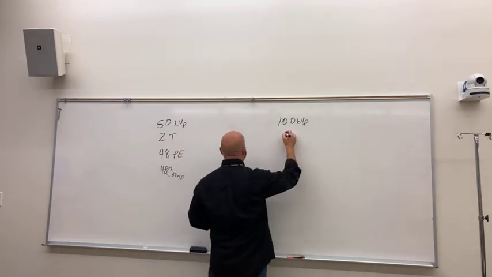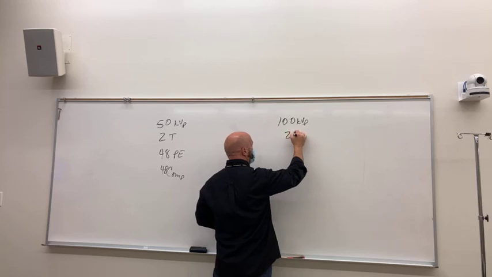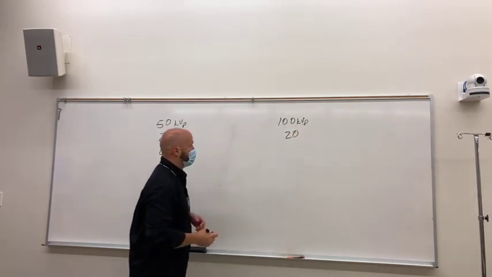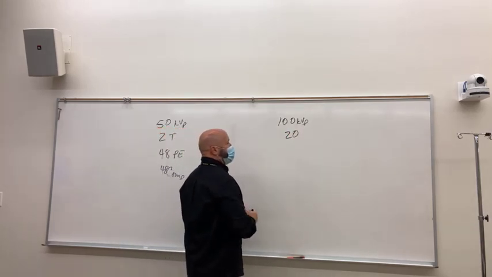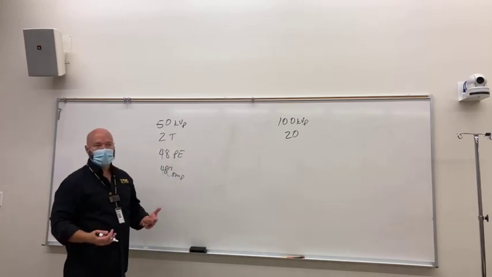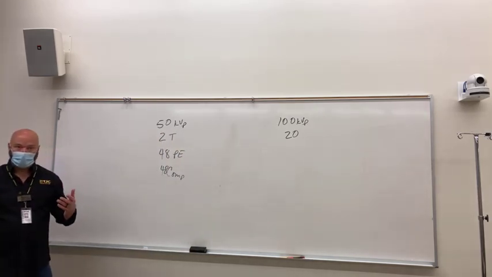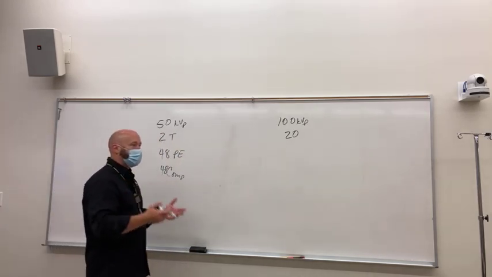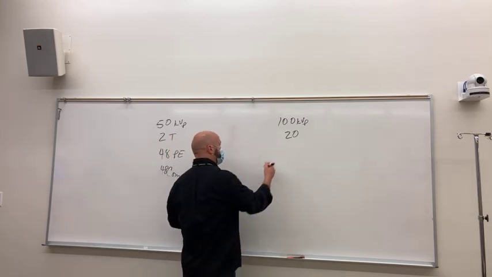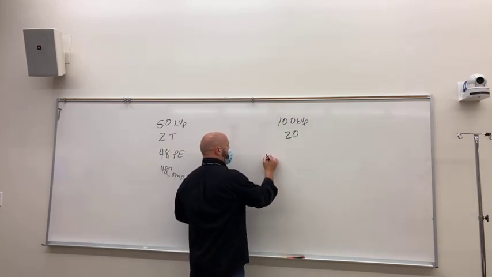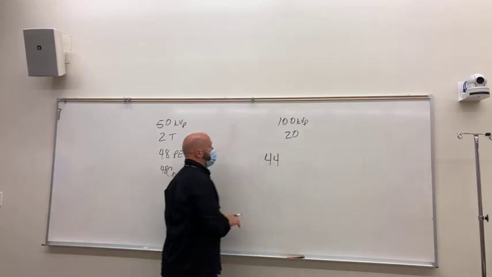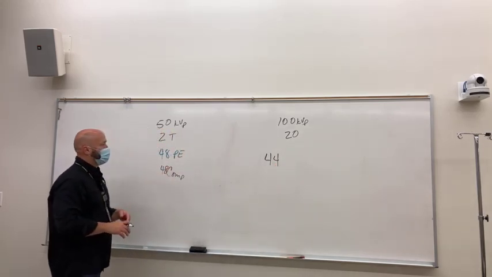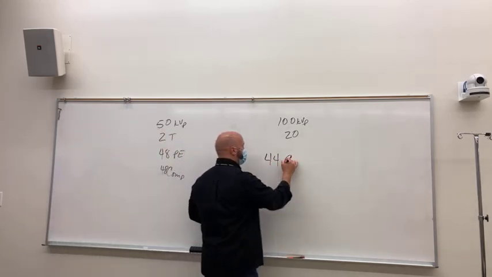So now we're going to say that that 2 is now 20, okay? And Comptons decrease as kVp goes up, so the overall number of Comptons in this case would decrease. Let's say that we're at 44. So what does that leave us for photoelectrics?